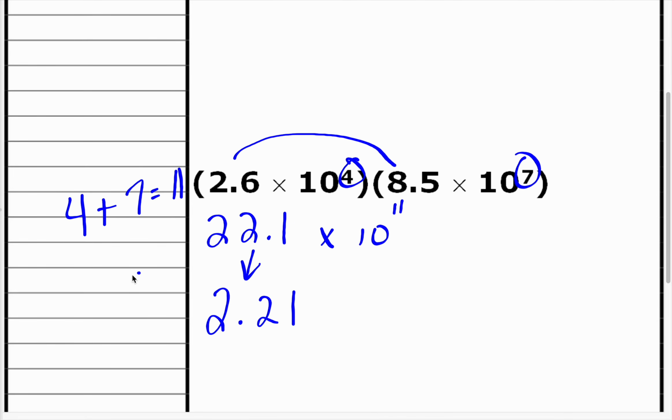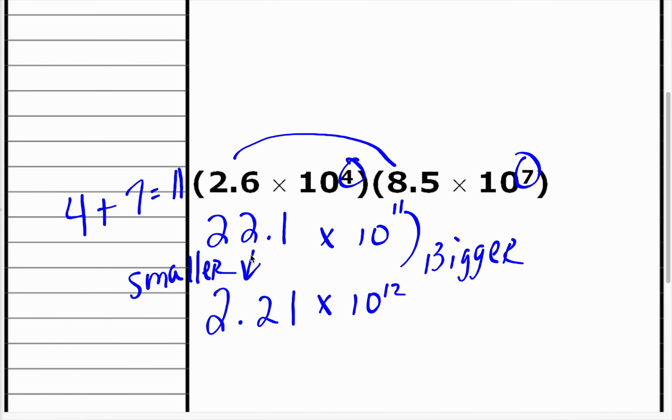We went from a bigger number to a smaller number, which means that the 11 is going to go to a 12. So these are opposites of each other. If the number over here, 22.1, goes from bigger to smaller, then the exponent goes from smaller to bigger. And there's our final answer.